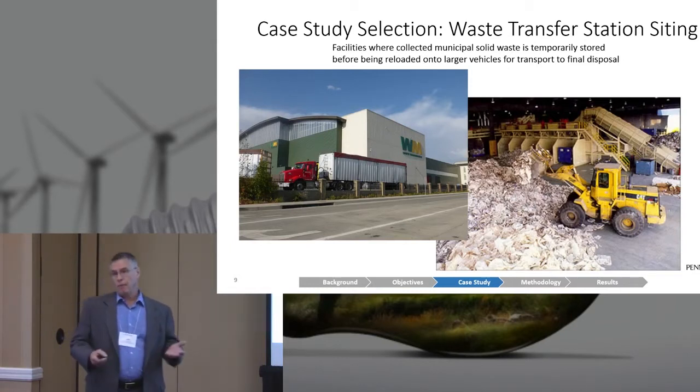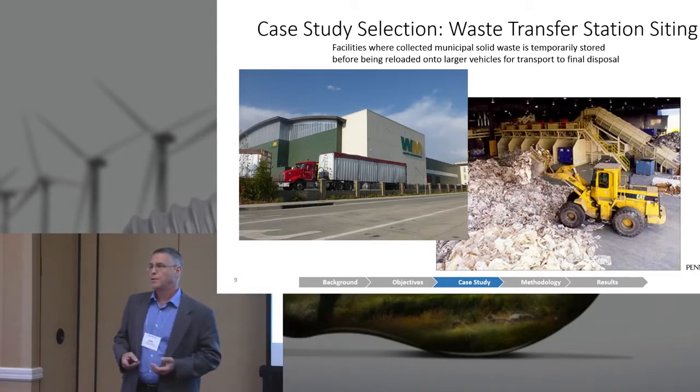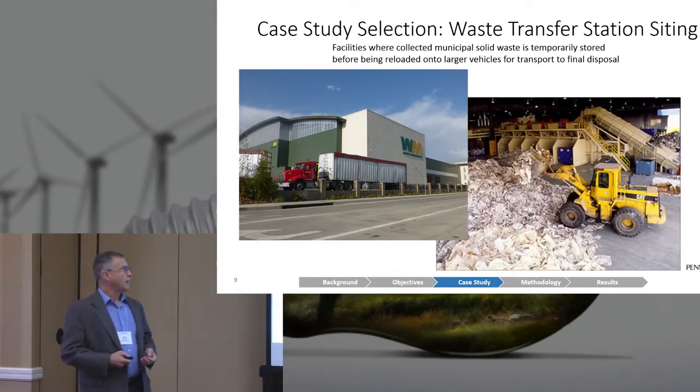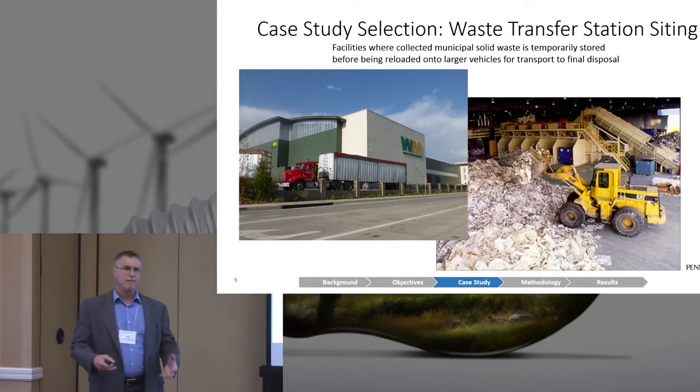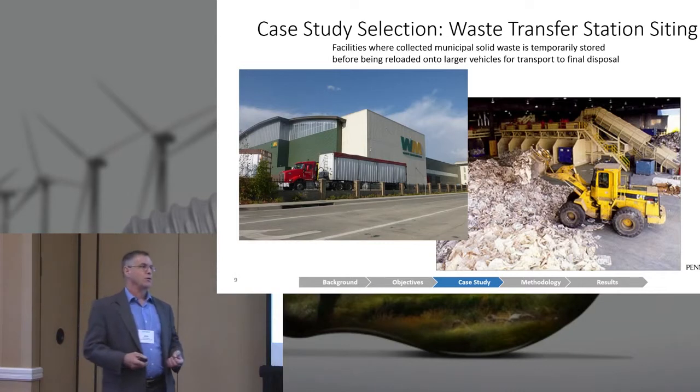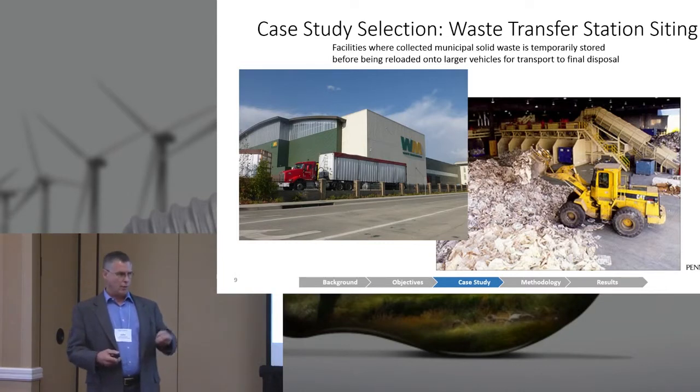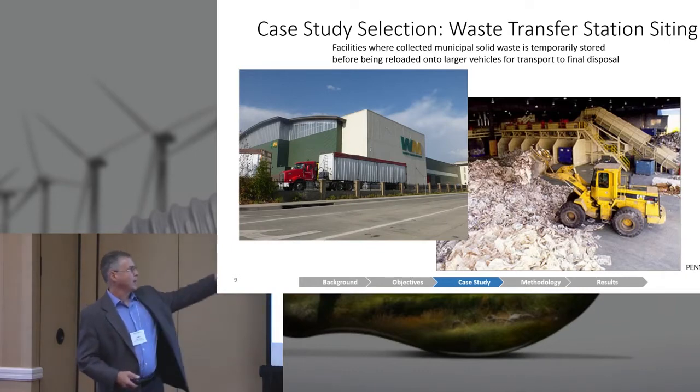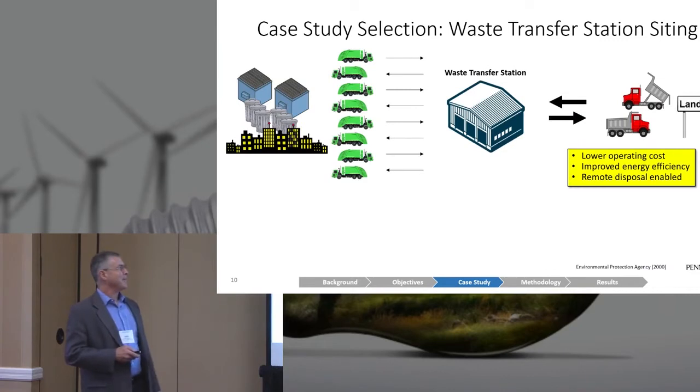As a case study, we've selected waste transfer station siting. Waste transfer stations are locations where municipal solid waste is collected, coming from smaller collection vehicles, and then transferred to larger haul vehicles so it can be taken to a final disposal site, an incinerator or landfill. And they often look like this: nice, shiny buildings on the outside filled with garbage on the inside.